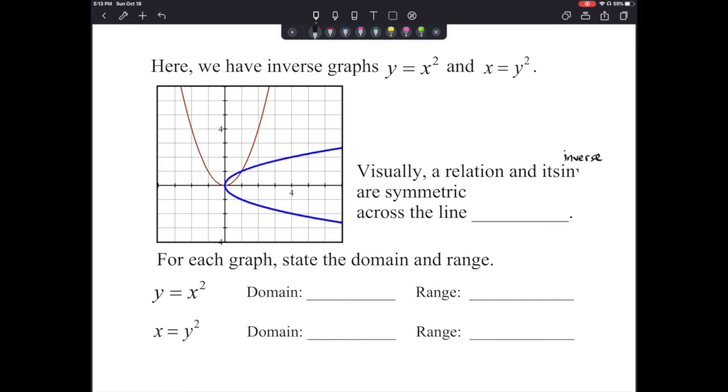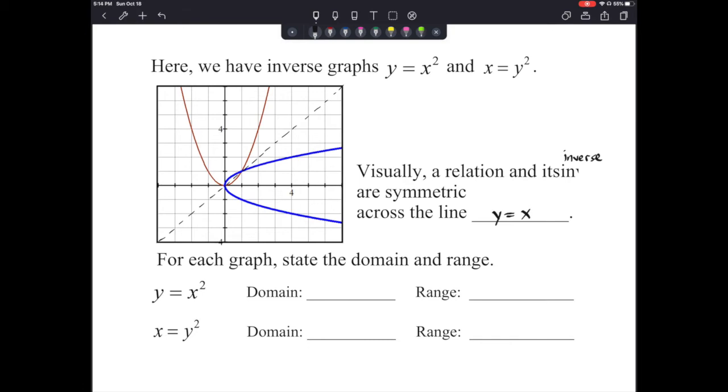So visually, a relation and its inverse are symmetric across the line what? So think back to Algebra 2, when you drew in this line which separated them. That is the line y equals x. So they are always symmetrical across that line, y equals x.